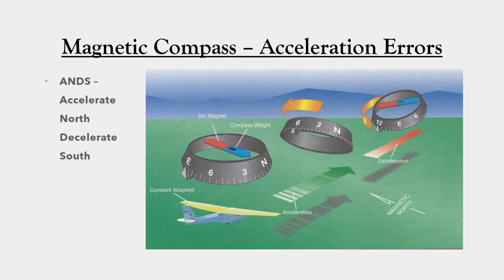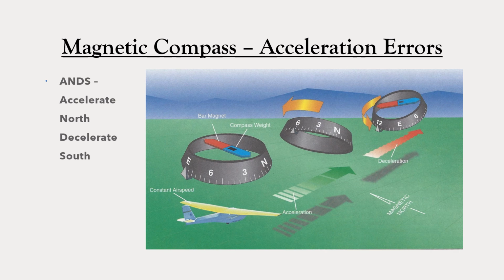A similar type of compass error is from acceleration or deceleration, and that works a little bit the opposite way. It happens when you're headed east or west, and if you accelerate, your compass will turn to the north.